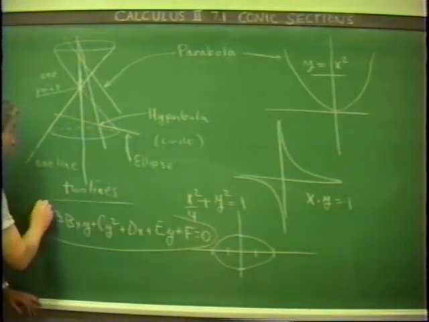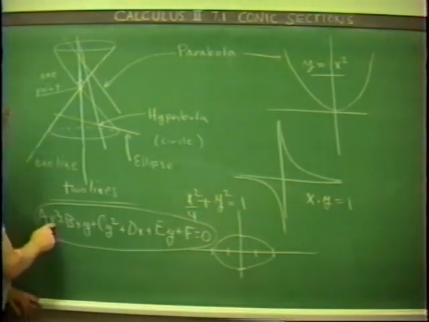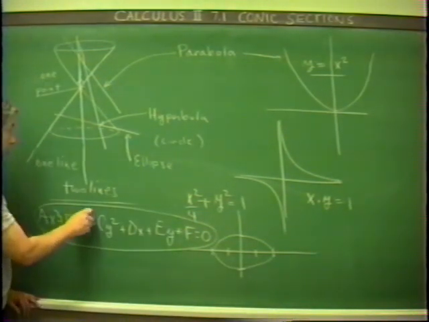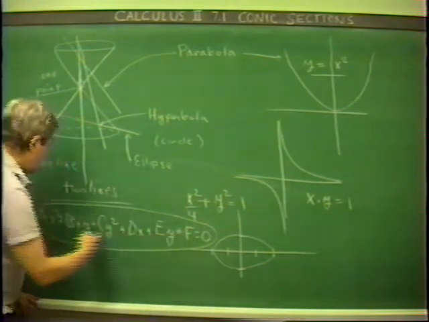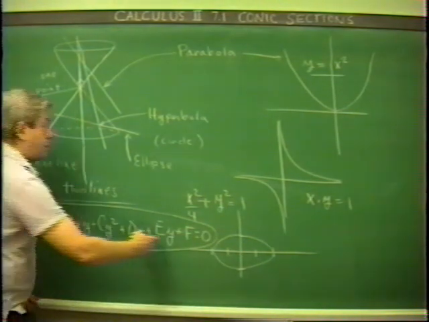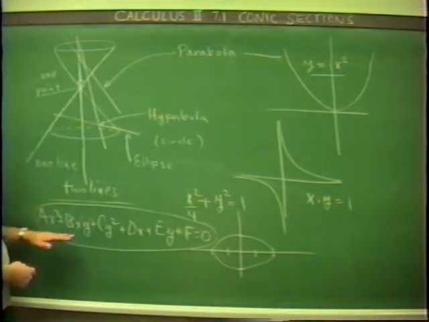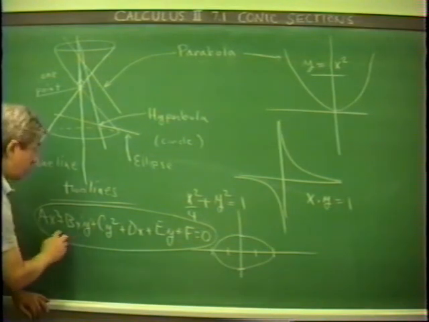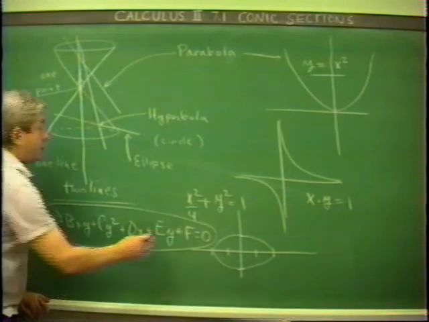Here we've taken all powers of x and y of 1 or 2 and a linear combination of those and set it equal to 0. All of these are going to have this for their equation. This can also describe two parallel lines.